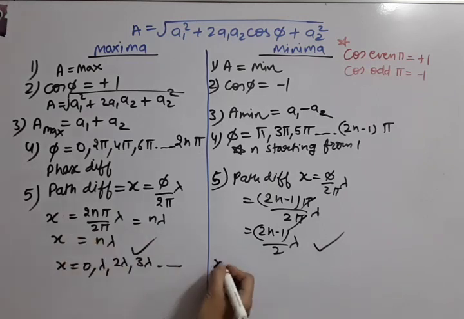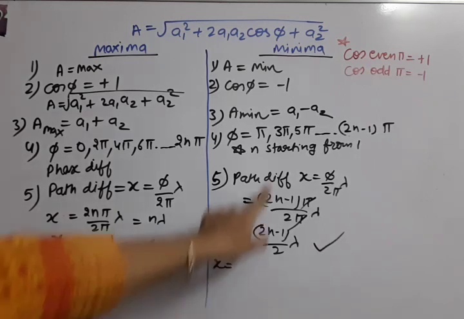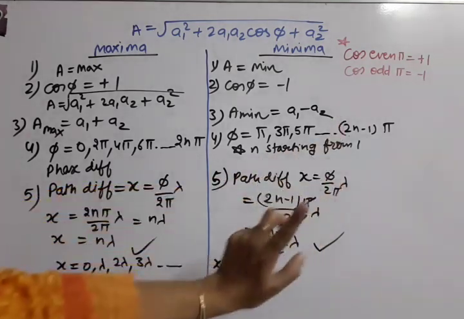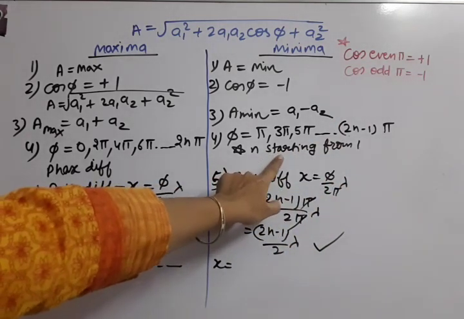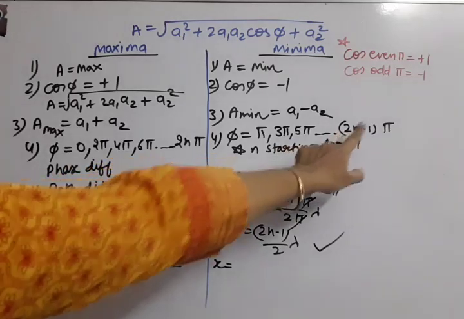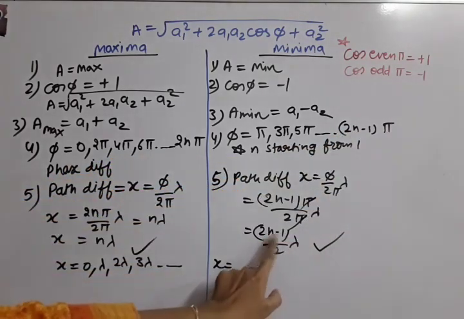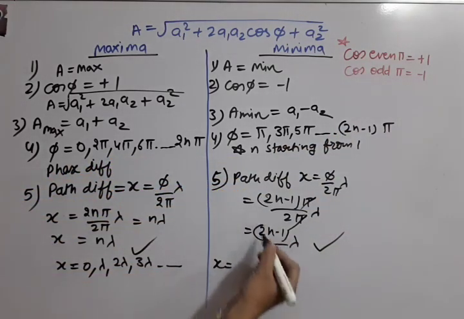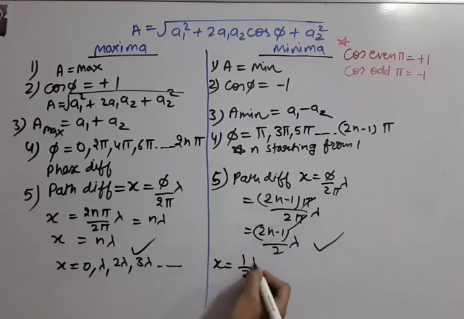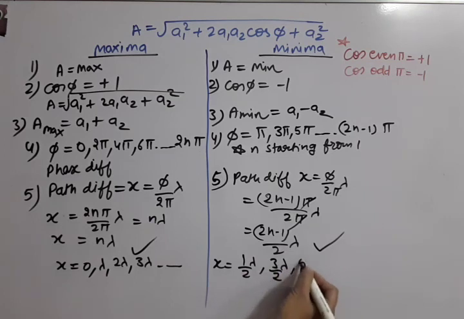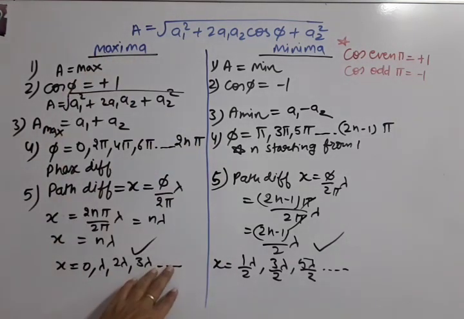Here also start the n, but the starting value of n should be 1 here, as we have discussed already. To make the first odd number we have to put n as 1. So 2n-1 means 1 by 2 lambda. Then the next odd number, 3 by 2 lambda, 5 by 2 lambda, this way. So these are the conditions of maxima and minima. Okay, so this way we have obtained the complete table of maxima and minima.